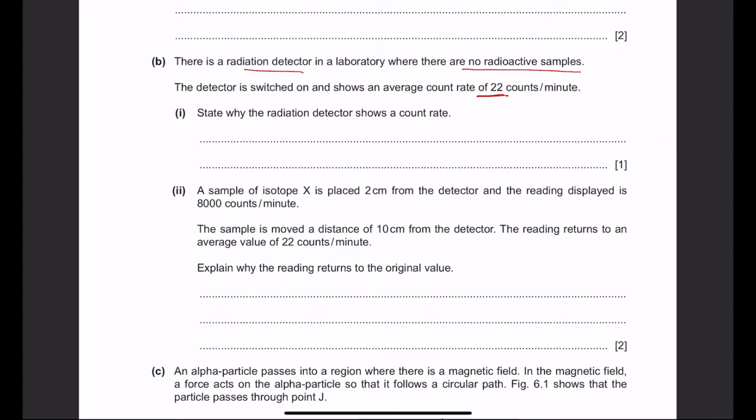It is not showing you a 0 reading, but a number other than 0 because there is always a certain amount of radiation present around you, and we call that the background radiation. So we're going to say it is measuring the background radiation. Therefore, in your detector, you will never get a 0 reading.